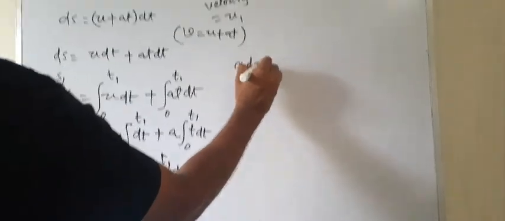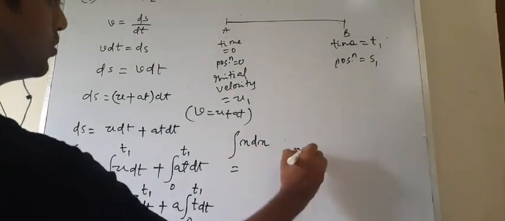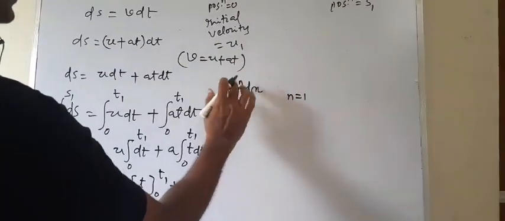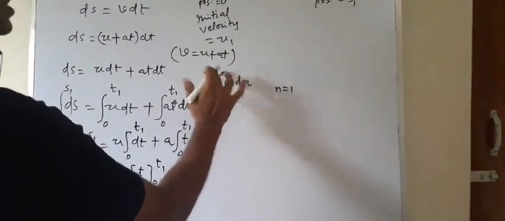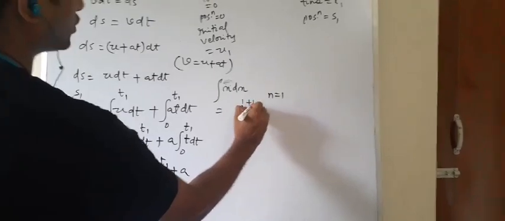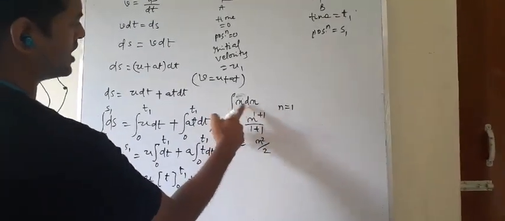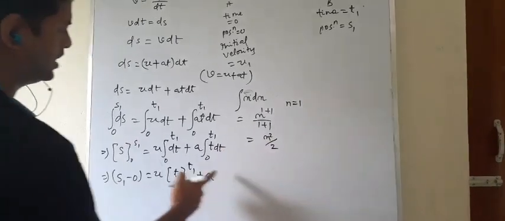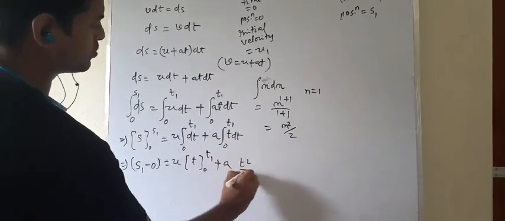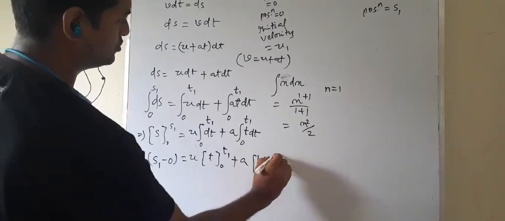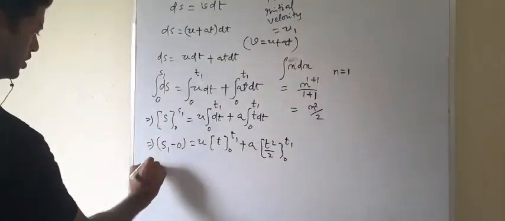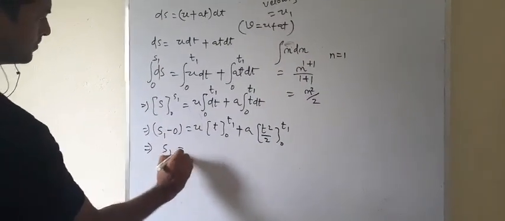Let me do integration of x dx. Here n equal to 1, and the formula is x to the power n plus 1 by n plus 1. So it will be x square by 2. Integration of x dx is x square by 2, so integration of t dt will be t square by 2, from 0 to t1.